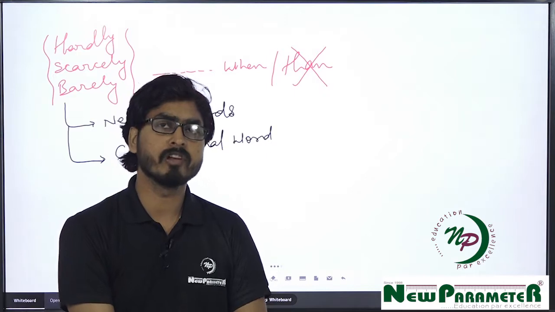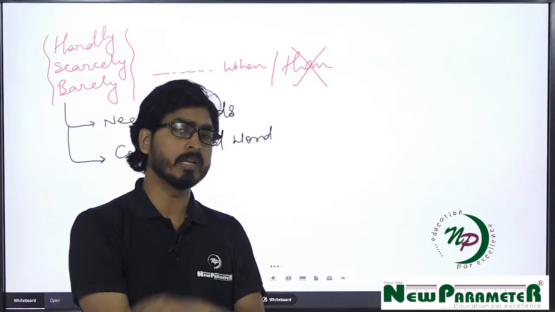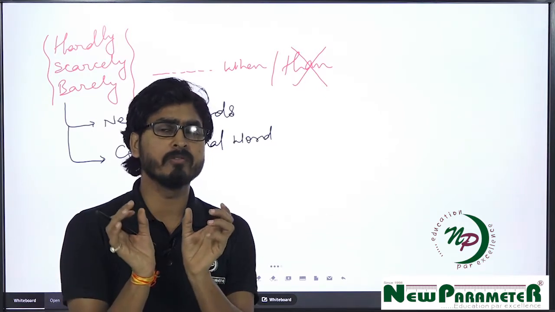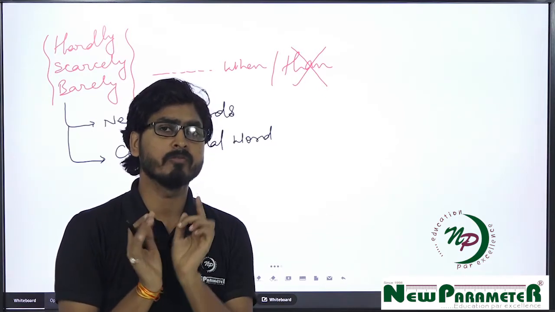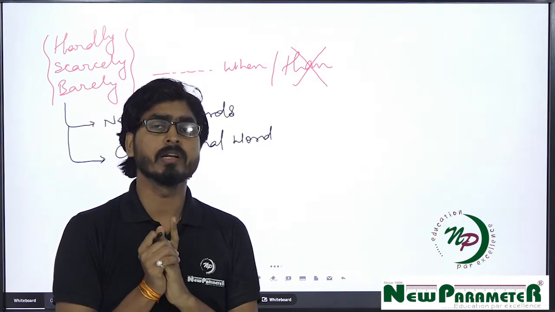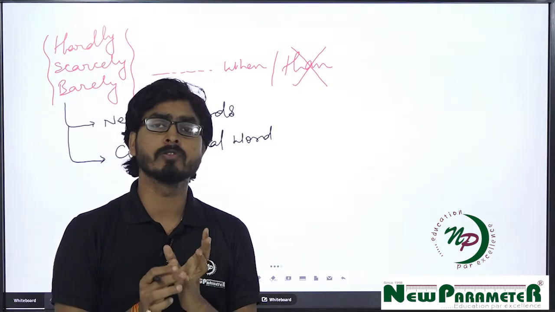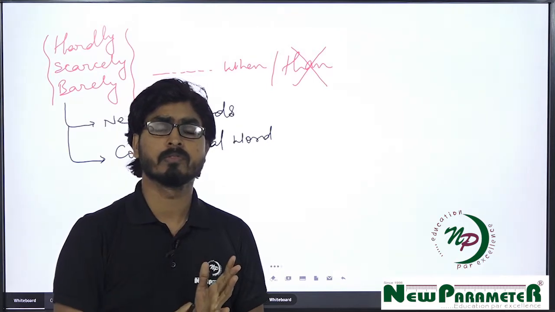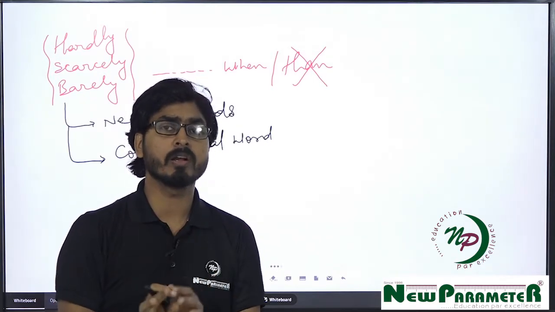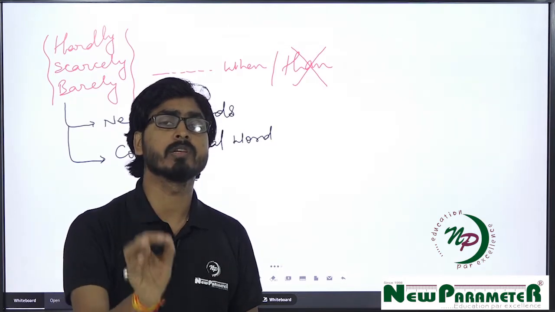See, there is a very broad definition of conditional word, but here I have to tell you very short that you have to keep one thing in your mind, that if any word is conditional, we are allowed to use only two tenses, that are present and past, but we are not allowed to use any future tense.